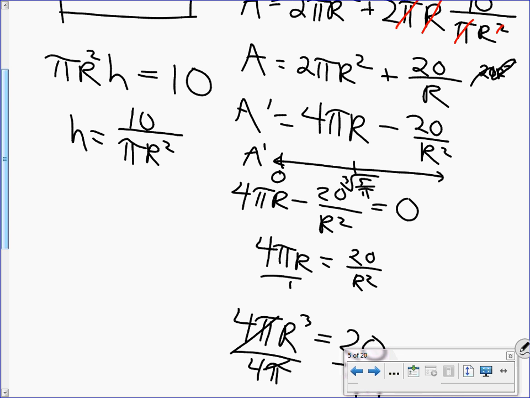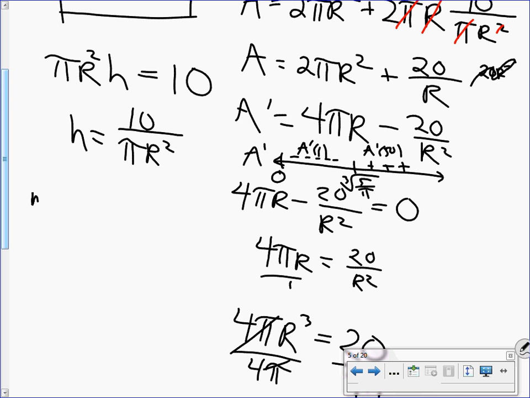So when you're taking your test values, I could take like 1. If the radius is 1, is S prime positive or negative? Negative. If the radius is greater than that, like 50, positive, right? So do we have a max or a min surface area when r is the cube root of 5 over pi? Min.